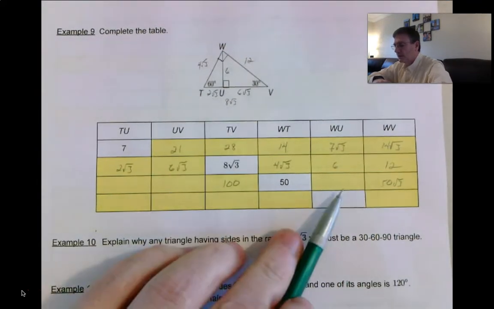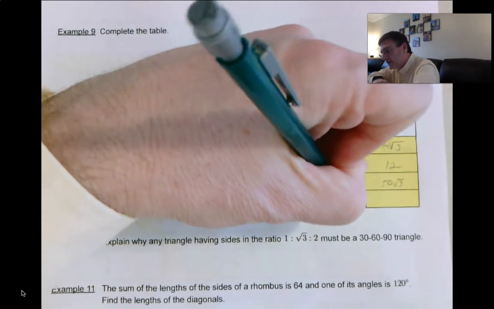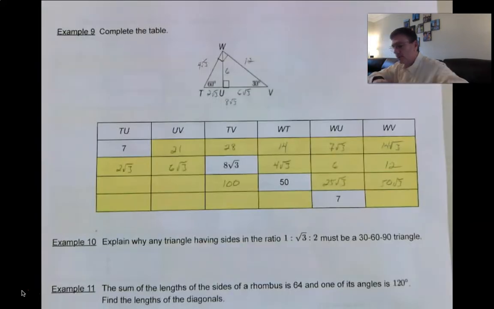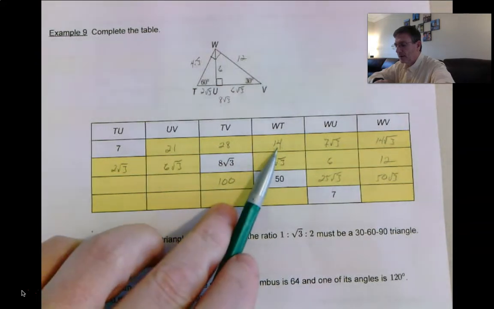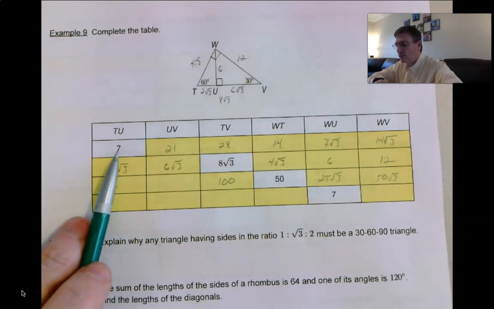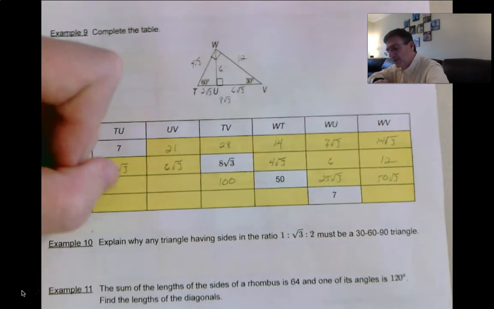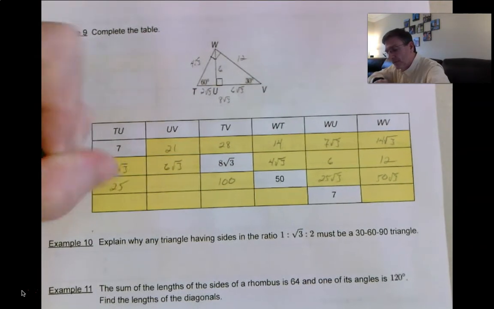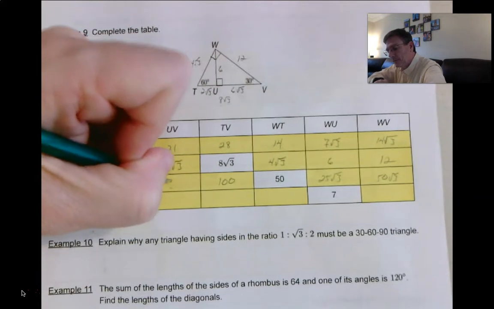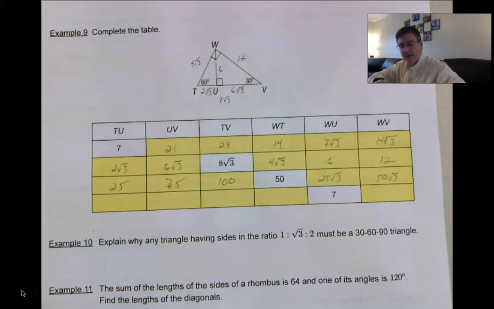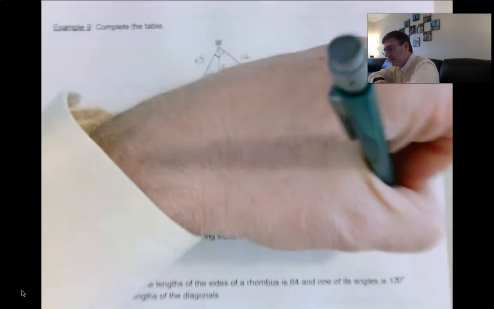Relationship between WV and WU is half. 25 square root 3. Relationship between WT and TU is half. 25. These two have to add up to be 100. 75.